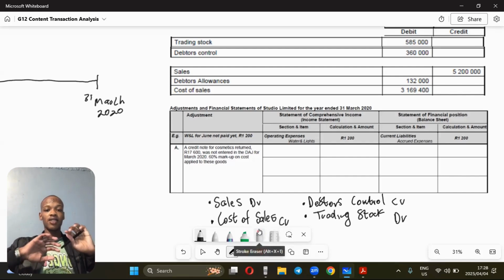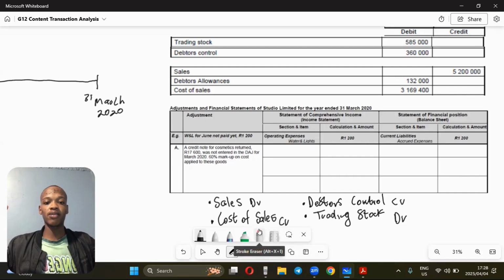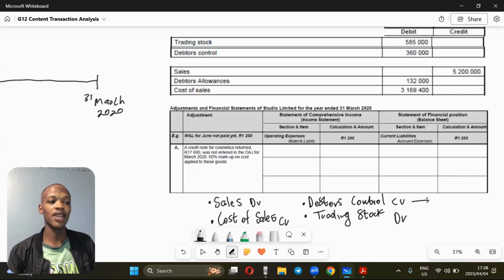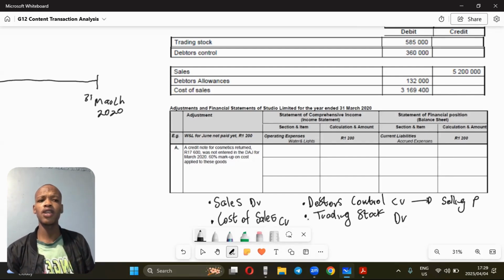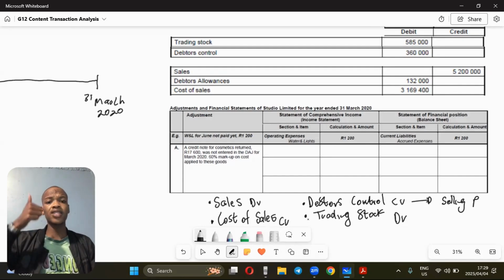Now let's separate in terms of amounts. Sales and debtors are going to go with the selling price. Please make sure of that. Why? Because we are selling, and whenever you sell on credit you use a selling price.